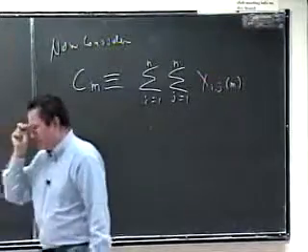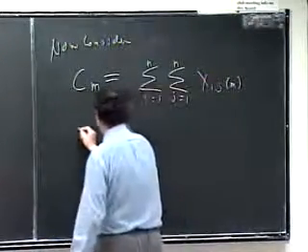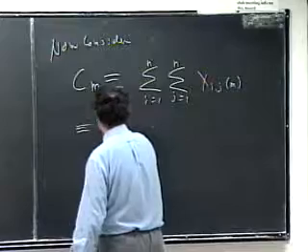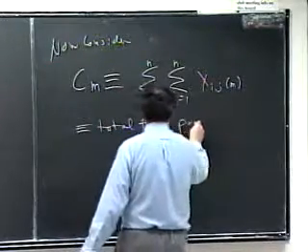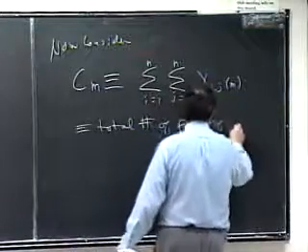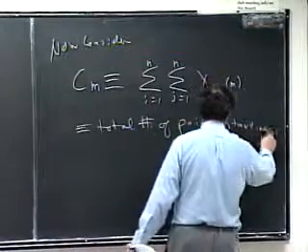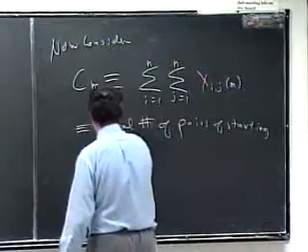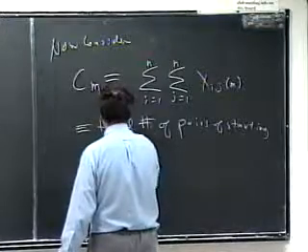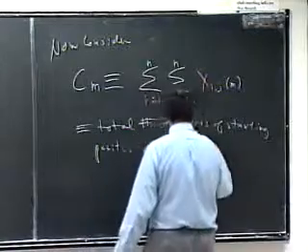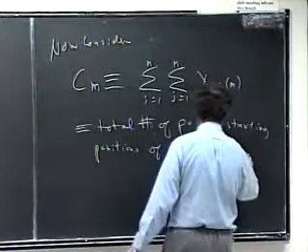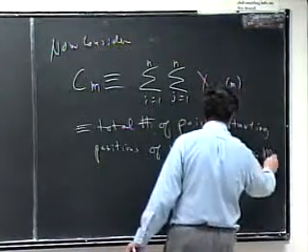Okay, so the interpretation is that this is equal to the total number of pairs of starting positions of matches of length m.